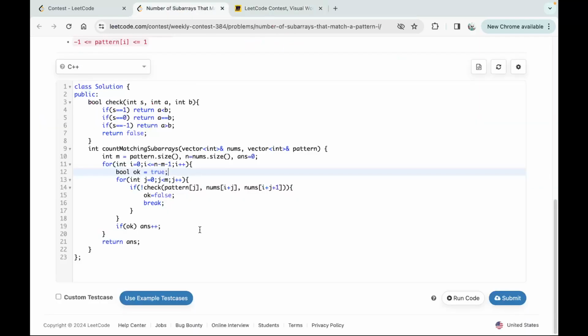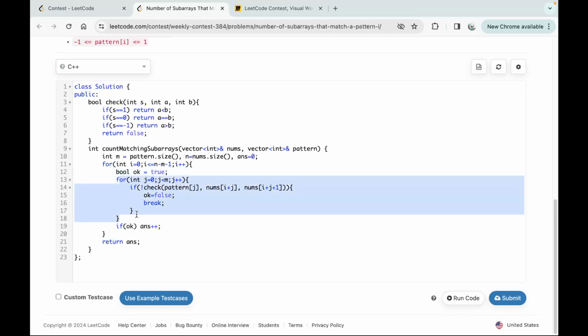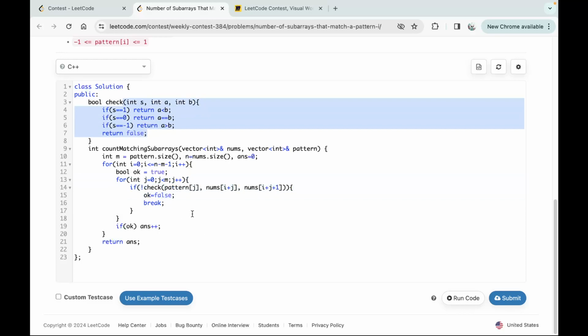All right. So here it's ok, and now I am iterating in the subarray. The subarray size is m plus 1 obviously, but we have to iterate over the pattern, and using i plus j and i plus j plus 1 index, we are checking whether or not the pattern is being followed, right?